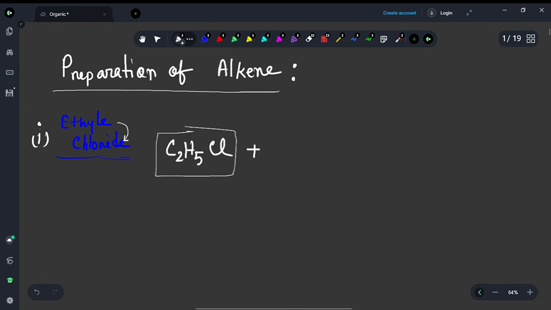We have read it from a small class, sodium chloride. So we're just gonna add sodium, but sodium cannot be alone here. It has to have a partner with it.